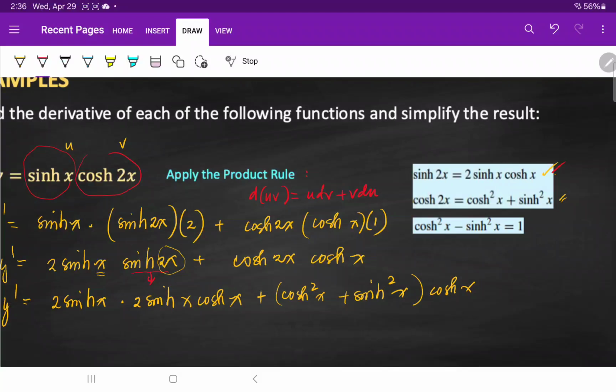So this is the value of hyperbolic cosine 2x.